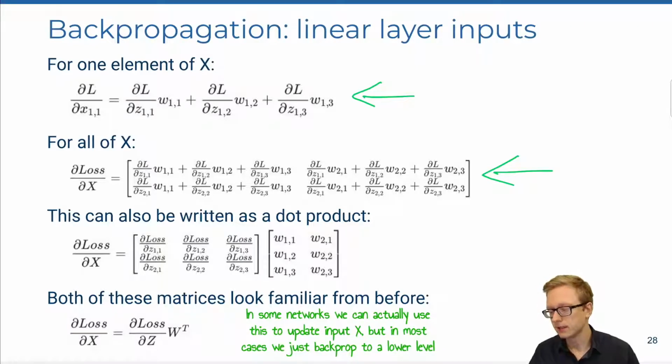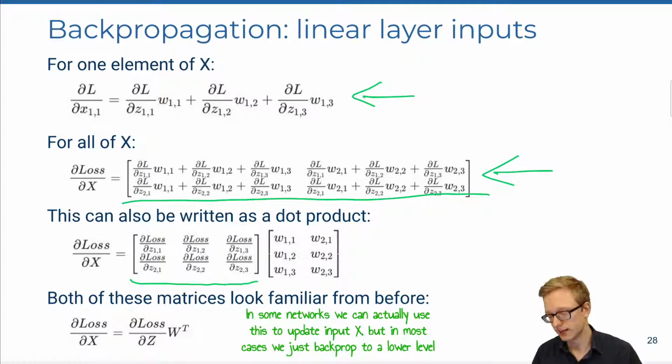And if we look closely at the values here, then we find that we can actually break this down into a matrix multiplication. So this whole matrix is equal to the multiplication of this matrix and this matrix. And so this is a dot product between the two matrices.